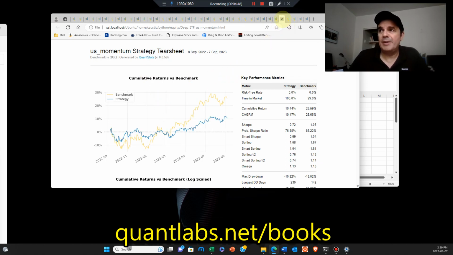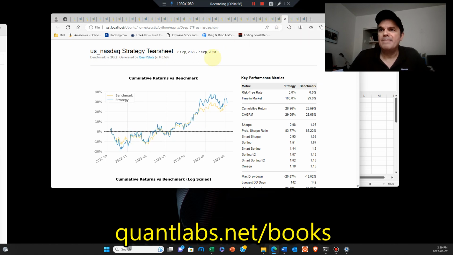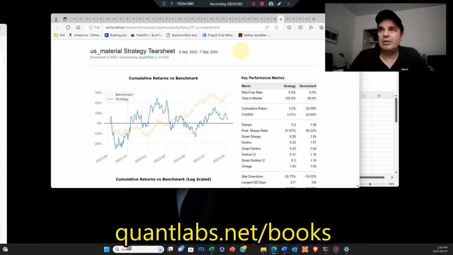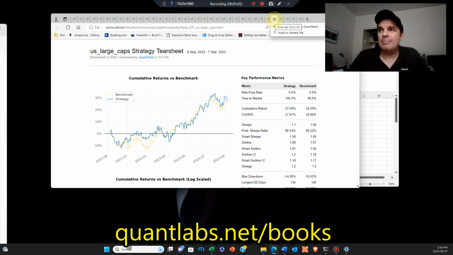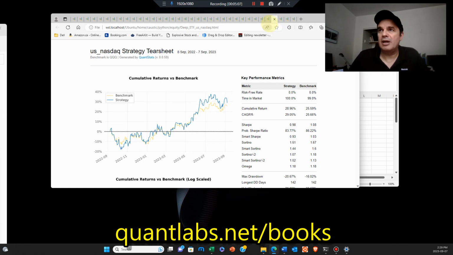Momentum is underperforming. Again, this is where the strategy, this category in blue, is underperforming the benchmark of the QQQ, so that's closed off. Nasdaq, we looked at that. Material underperforming. We've got large cap, that's basically in line, so I'll just close that off. We want only things that outperform.